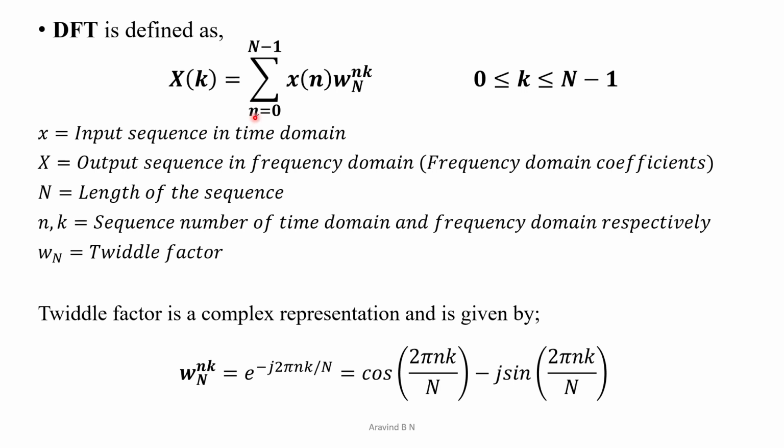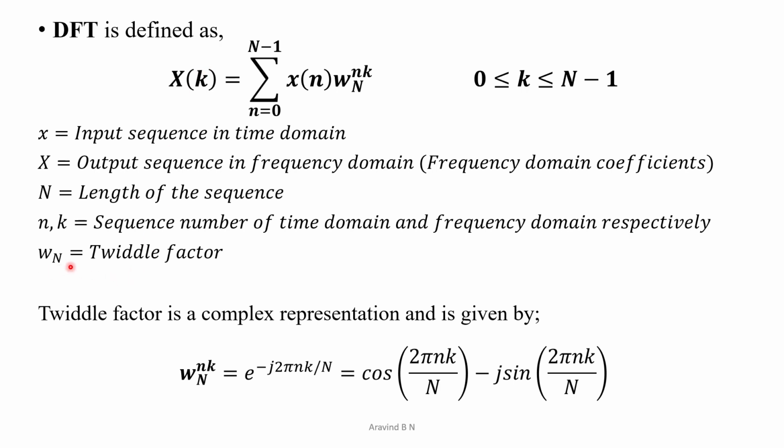Therefore this small letter n is defined with respect to small letter x, so it represents the sequence number in the time domain. Similarly, k is a sequence number with respect to the frequency domain.